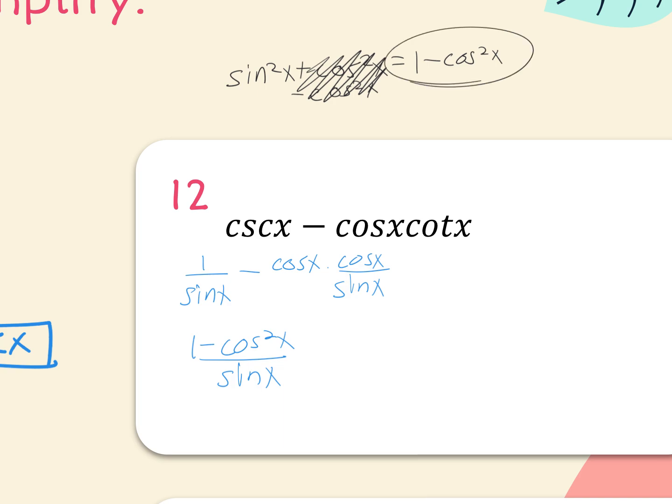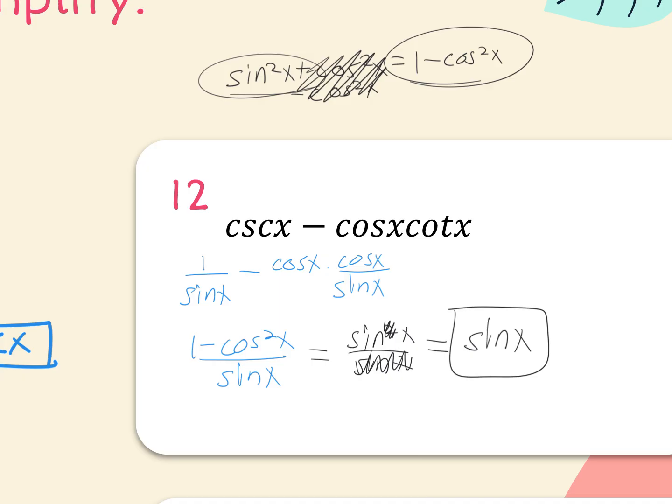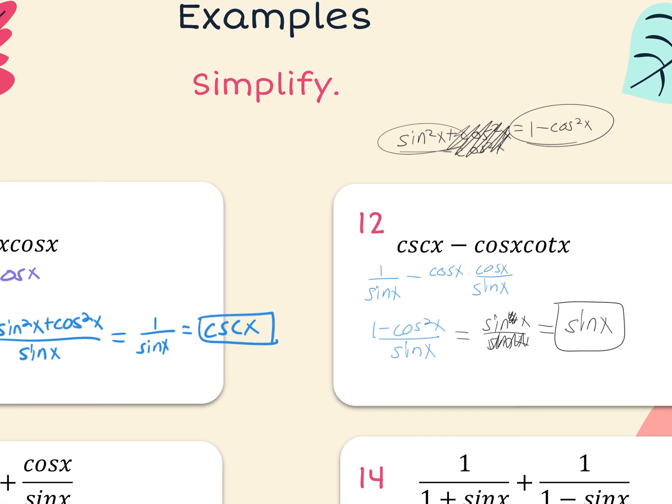So we have that 1 minus cosine squared x is the same as sine squared x. So then this is going to very simply become sine squared x over sine of x. And then we have 2 sines on top, 1 on the bottom, so we're very simply just left with sine of x. So we took an expression, made it a little bit more complicated in the middle, and then finally it simplified pretty nicely.